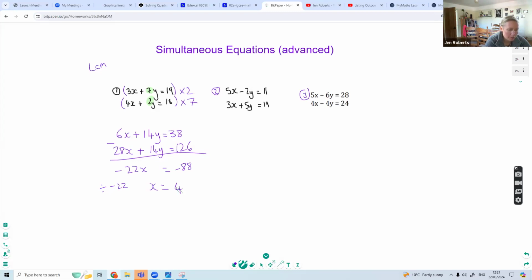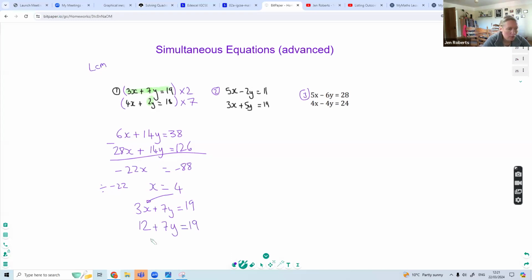We need to go back and find the y. I'm going to substitute it back into this top equation. So you know 3x add 7y is 19. X is 4, so I'm going to put that into here. 3 times 4 is 12. 12 plus 7y is 19.